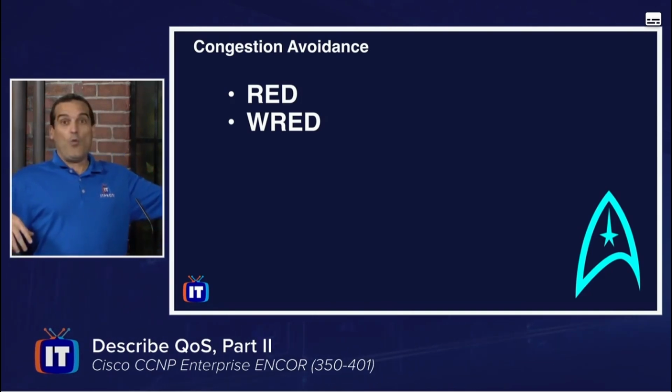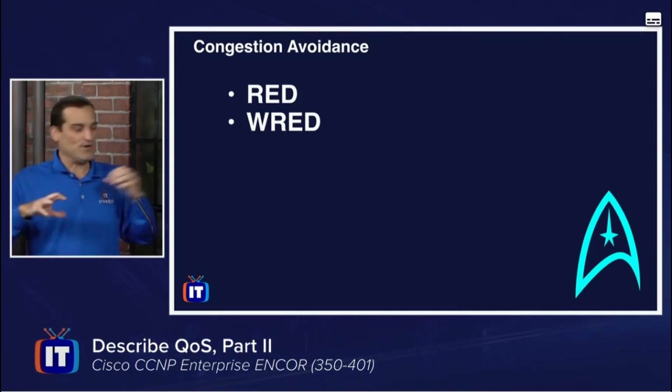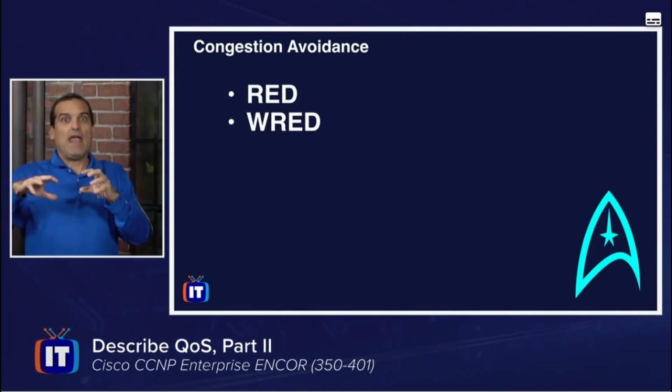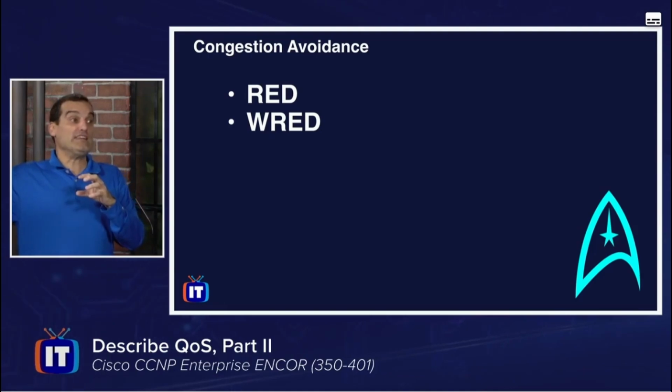So one of the Facebook packets comes up. Sorry, Facebook. And the queue is starting to get congested. So this notices that we're getting close to congestion. Weighted random early detection takes that Facebook packet and randomly chucks it. It's sacrificing low priority packets.